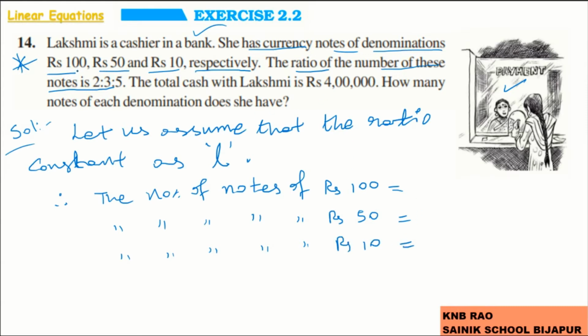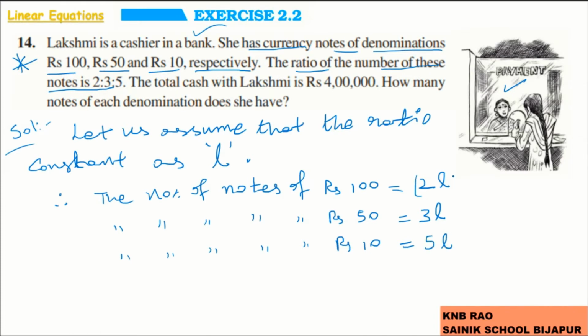As they said, 100 rupee notes are in the ratio 2. From the ratio constant L, 2L will be the number of 100 rupee notes. Number of 50 rupee notes will be 3L. Number of 10 rupee notes will be 5L.